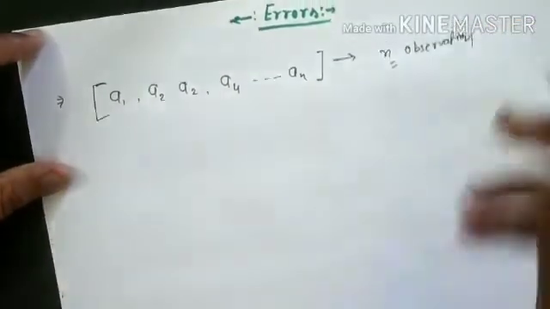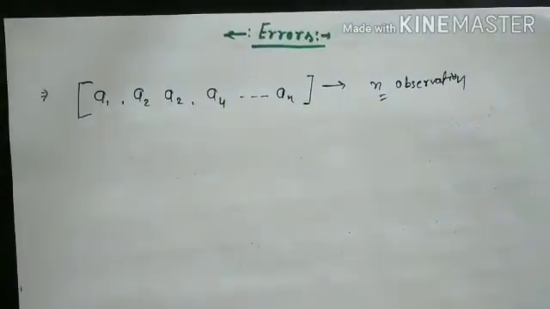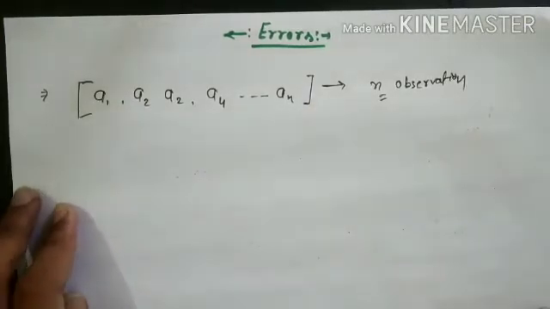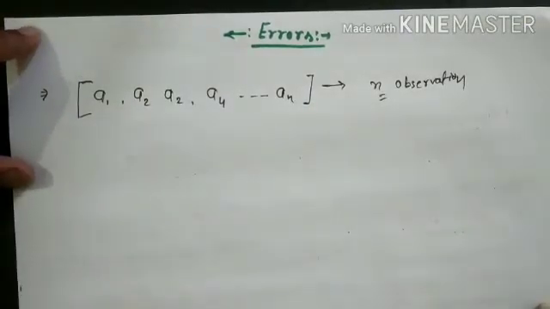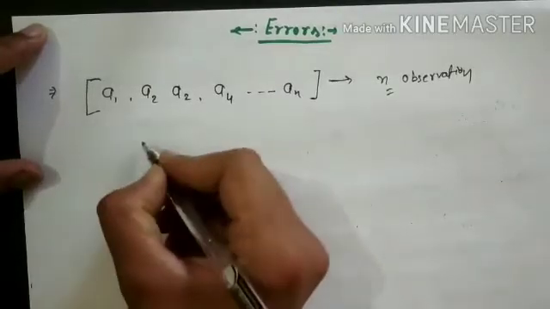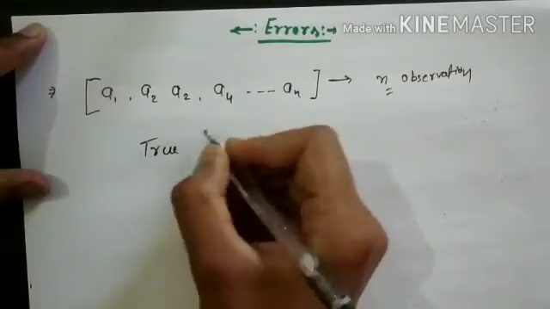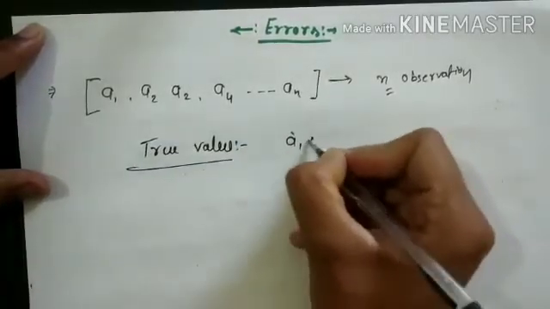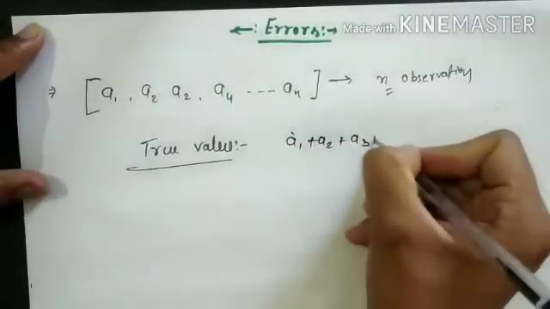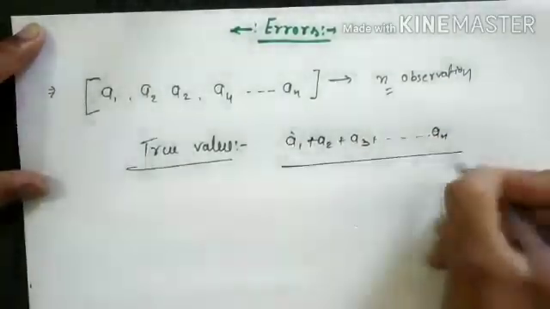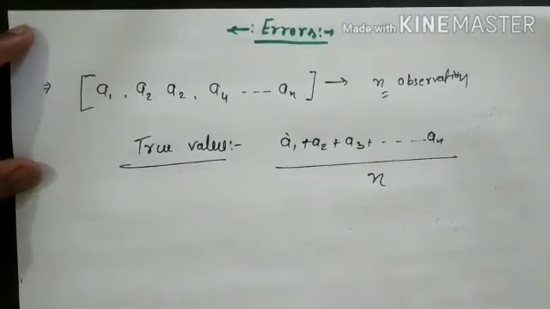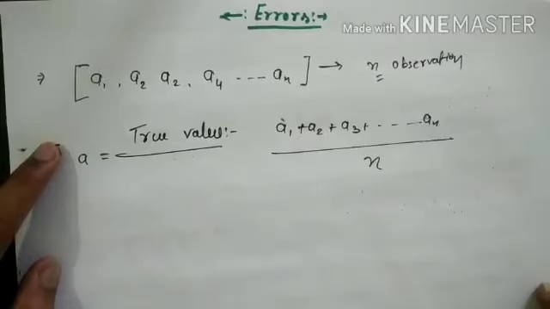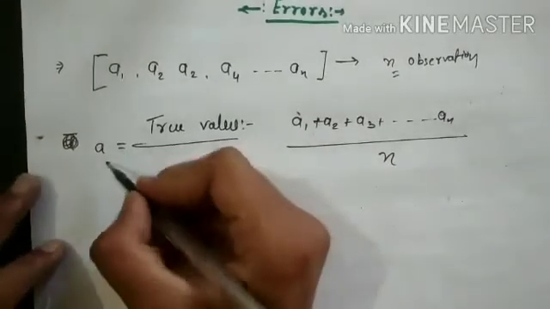As we know, by taking the average of all the observations, we can get the actual or true value of the measurement. How to get the true value of any experiment? A1 plus A2 plus A3 plus dot dot dot An over the number of observations, that is n. So it is the true value, also called the mean value, represented by A bar.